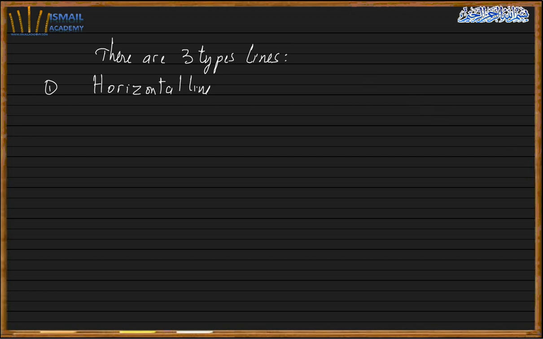which means a line like this. So this means it's horizontal. And we can have this line only if I have, let me put here my equation, ax plus by equals c.